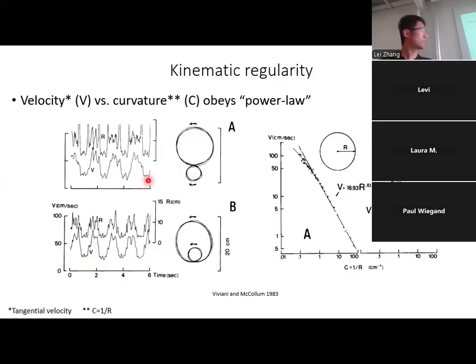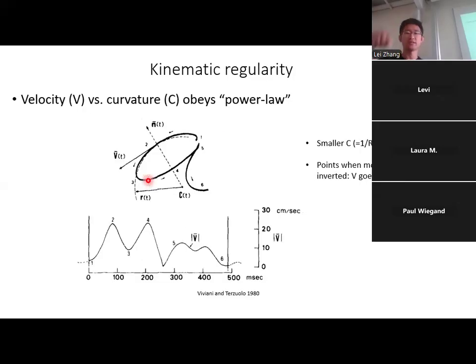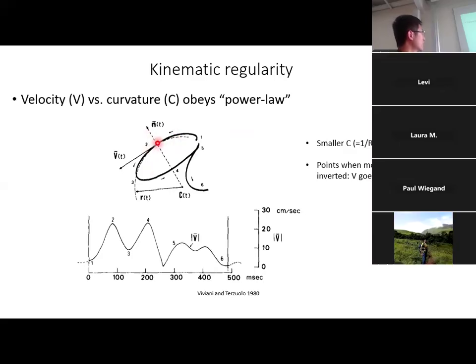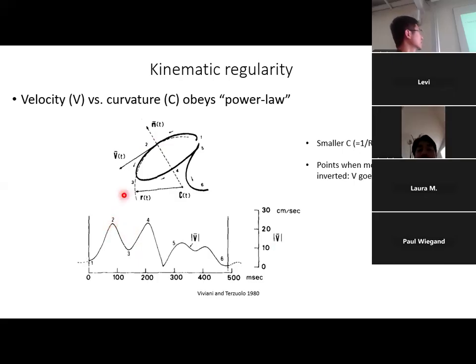Let's consider a more practical case. If you draw the letter A, you also have to follow certain curvature. Here you have a few steps, from 1 to 6. At position 2, it's a relatively larger radius, so you have a smaller curvature, and with smaller curvature we actually have larger velocity. The same for point 4. But points 5 and 6 are the reversal of the movement.